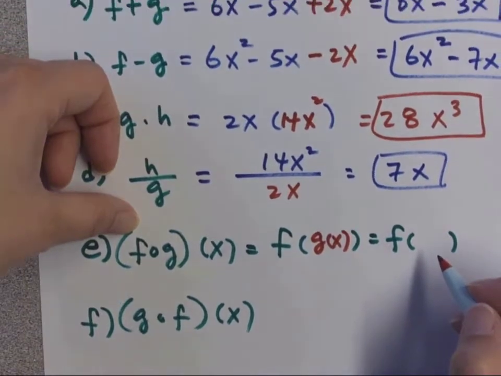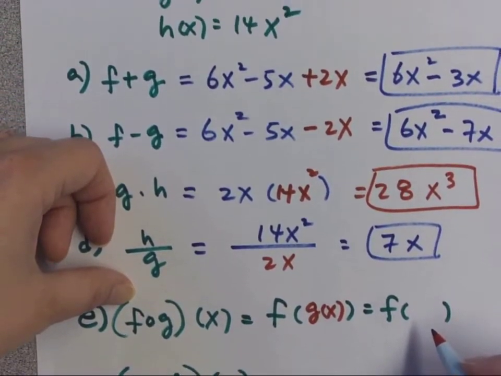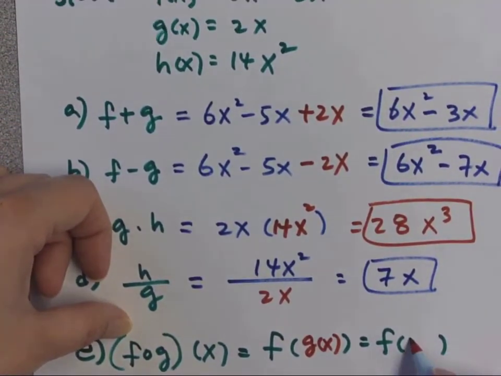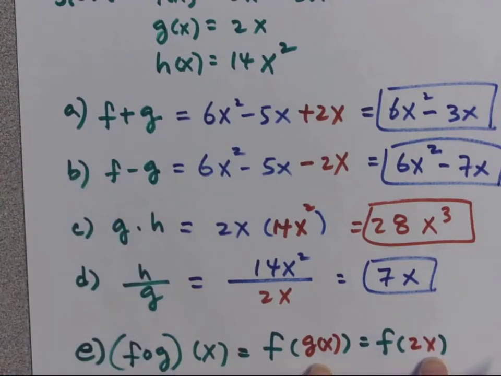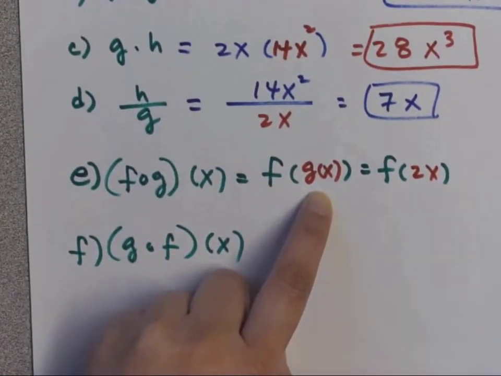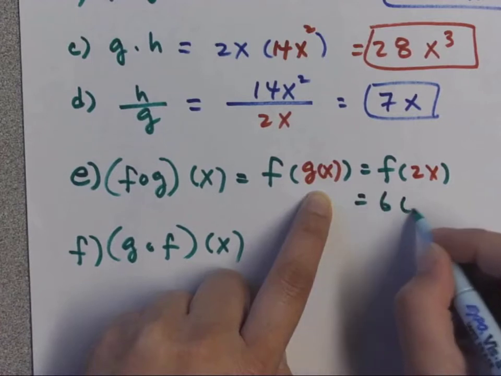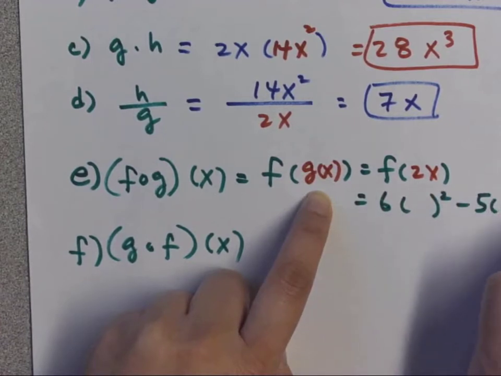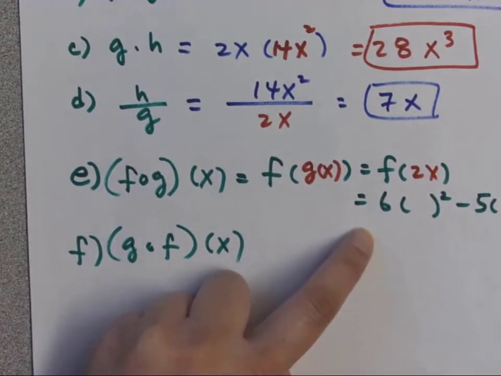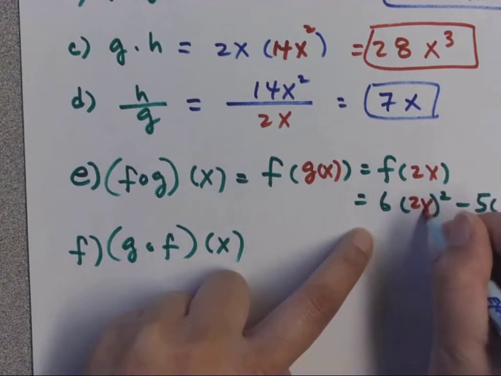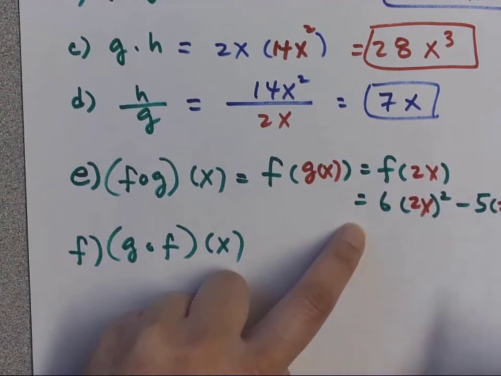The given g of x is 2x. So we replace the g of x with 2x. And then f of x, say I'm supposed to do 6 times something squared minus 5 times something, right? And what do I plug in? 2x.